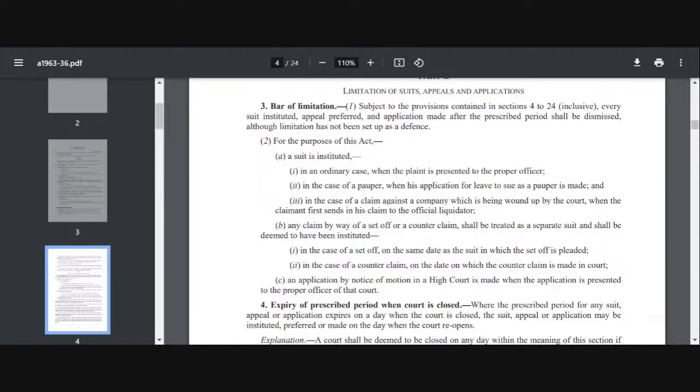Who can tell me what is set off and what is counterclaim?